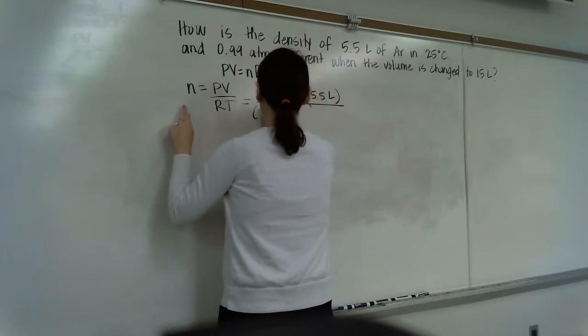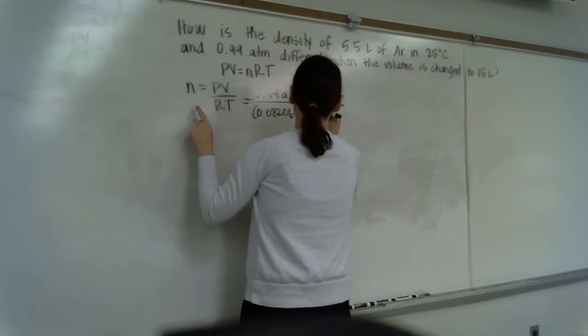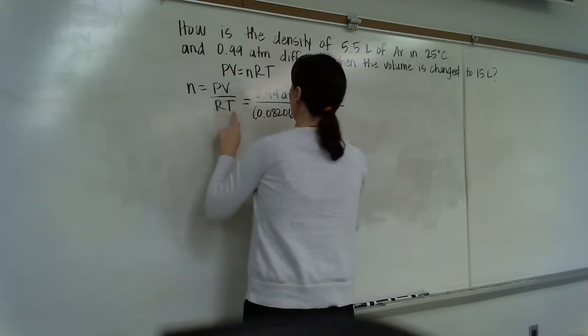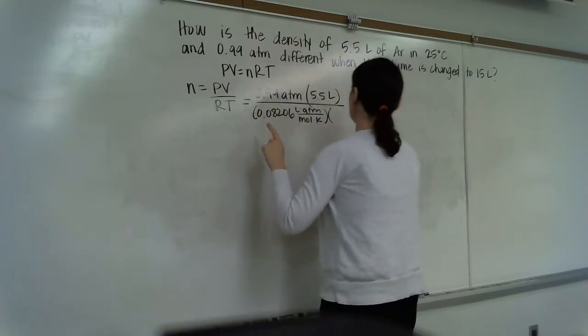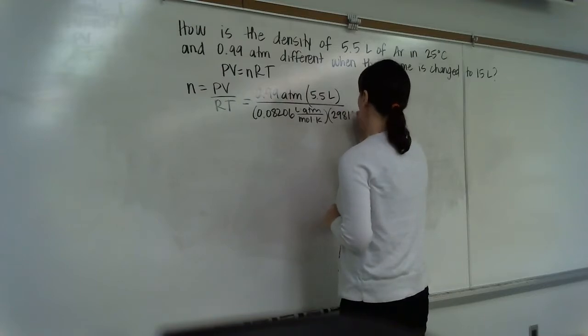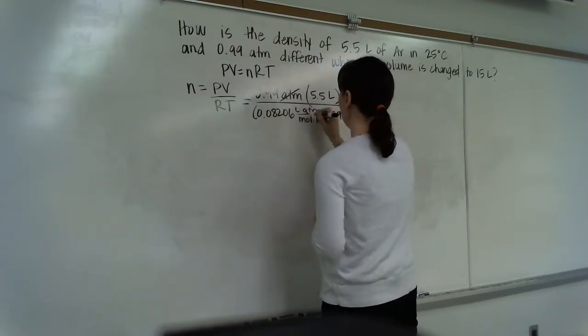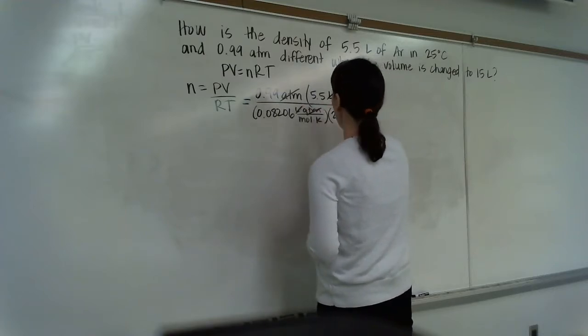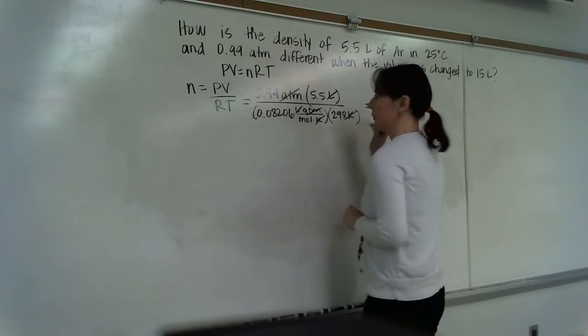And R, 0.08206 liter atmospheres per mole Kelvin. And then the temperature, 25 degrees Celsius, what's that in Kelvin? 298 Kelvin. So atmospheres goes away, and liters goes away, and Kelvin goes away.